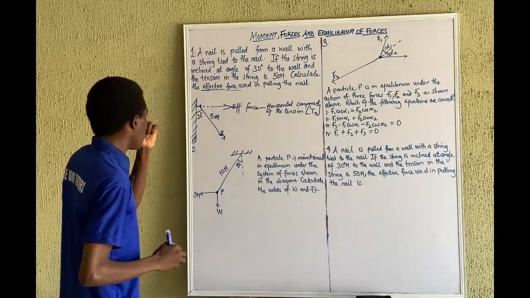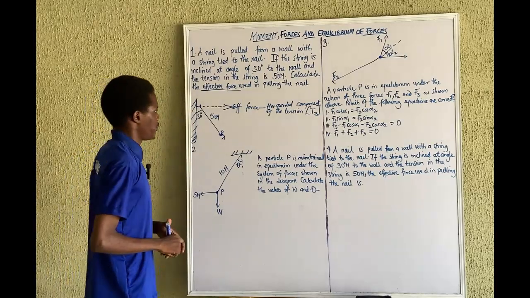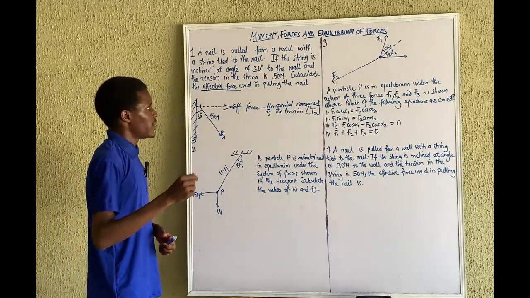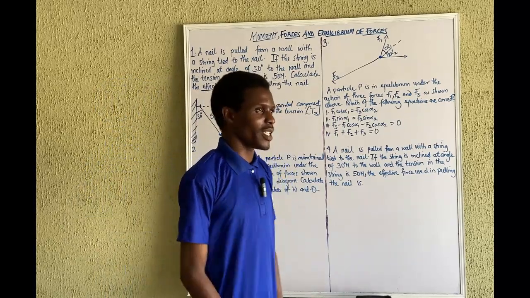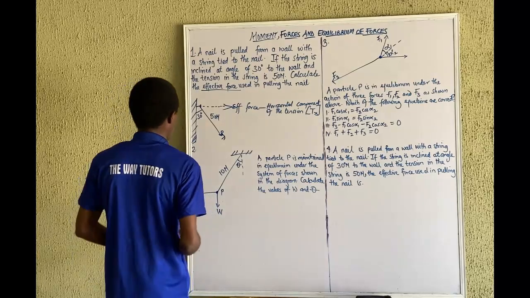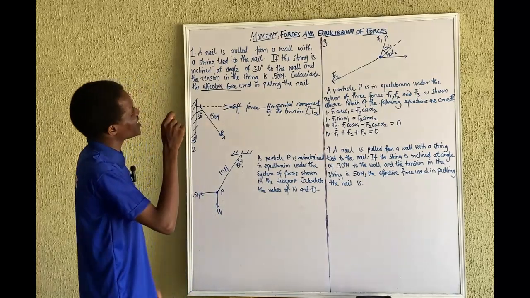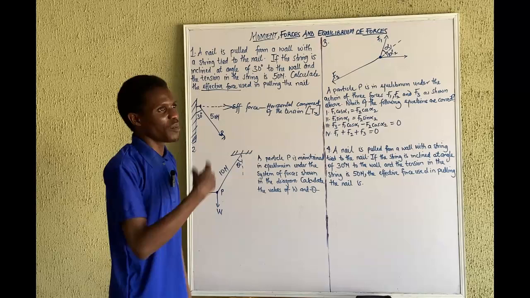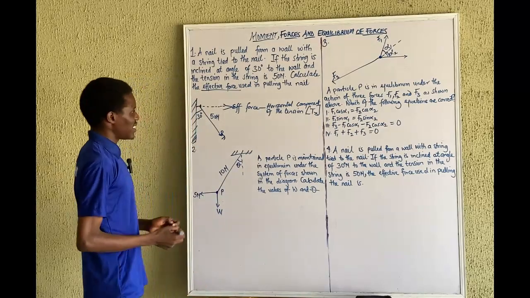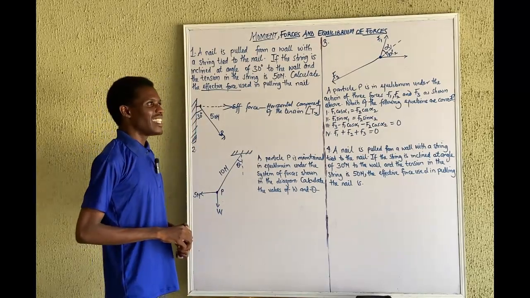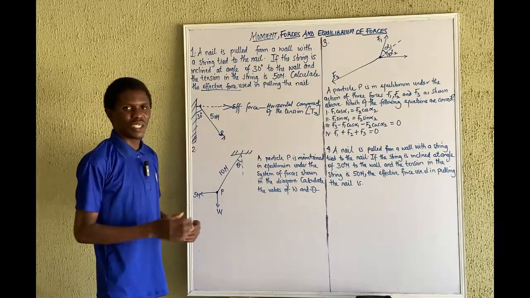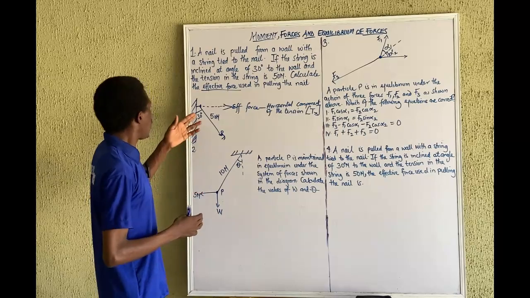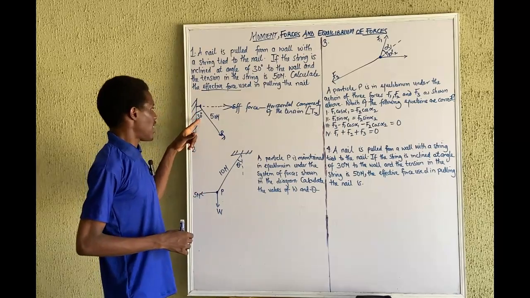And for me to get the horizontal component of the tension, I've always explained this almost every time I'm opportune to teach, especially with frictional forces and equilibrium of forces, that resolution is not dependent on the angle leaning at the vertical. You need an understanding of the concept.